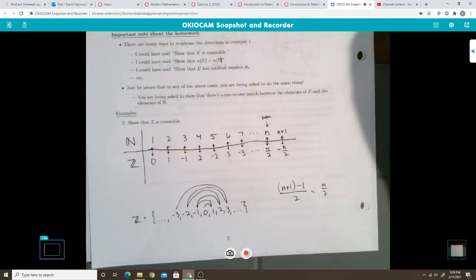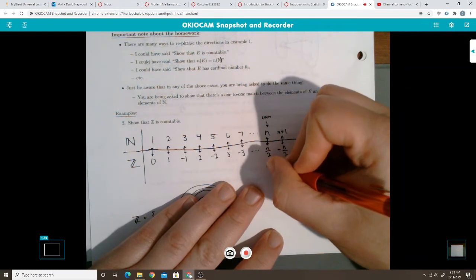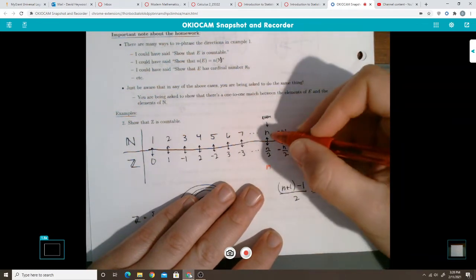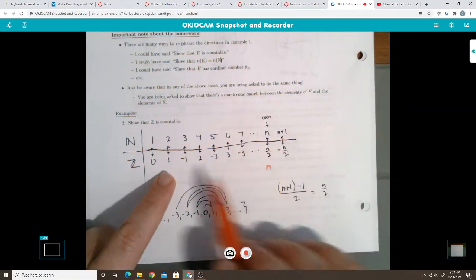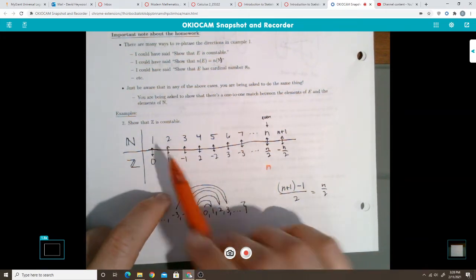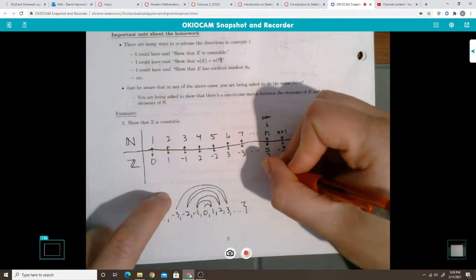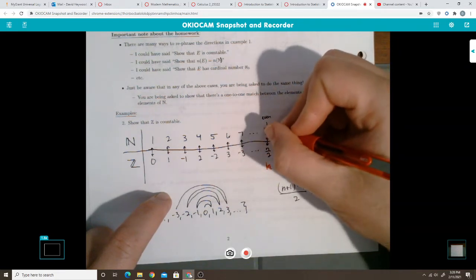So let's say that I get up to n here. Where is n going to get sent to? Well, again, if n is even, n is going to get sent to 2n. Or maybe I'll use a different letter so it's less confusing. Where does k get sent to? k gets sent to 2k.